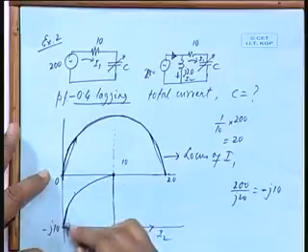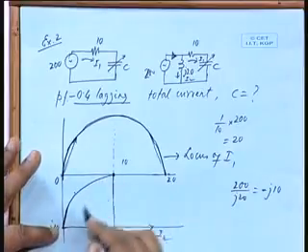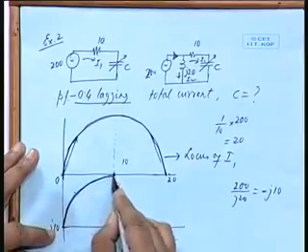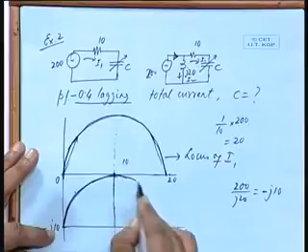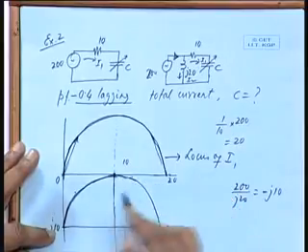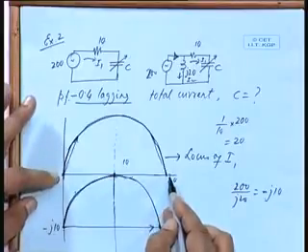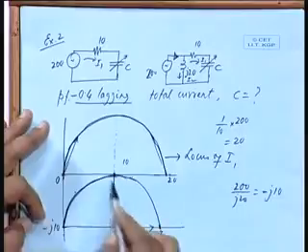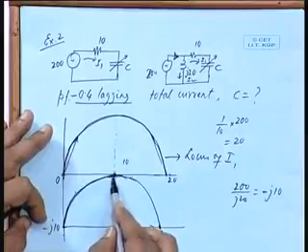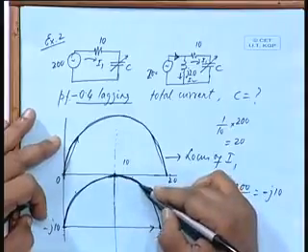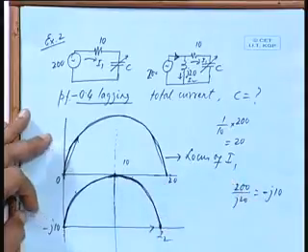In this particular example, it so happens this is 10, this is also 10. That means diameter was 20. So, radius was 10, and this side the shift is also 10. So, it so happens that it is touching this foot of the semicircle. It need not be so in all the cases. Okay.